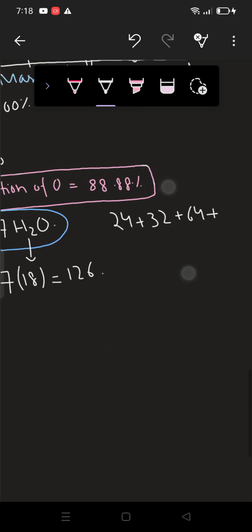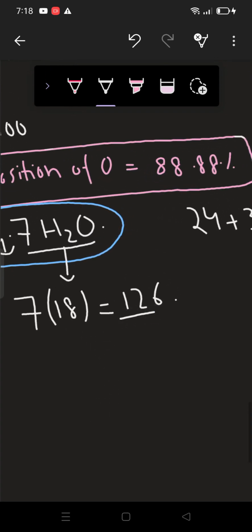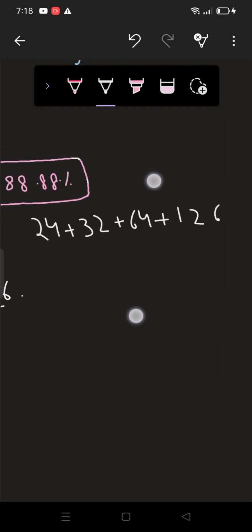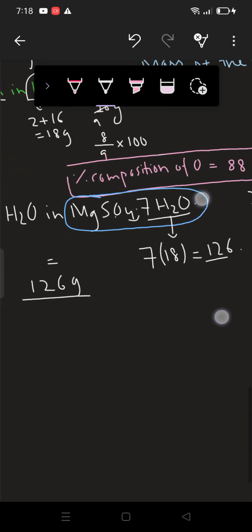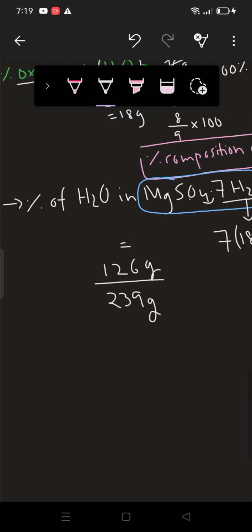Plus the mass of the 7 molecules of water, which we have calculated, so plus 126. It is going to give us basically 246, right? So we need to divide this 126 by what? By the mass of this entire compound, right?